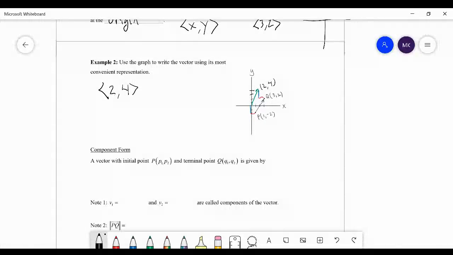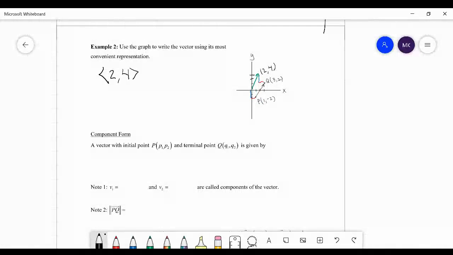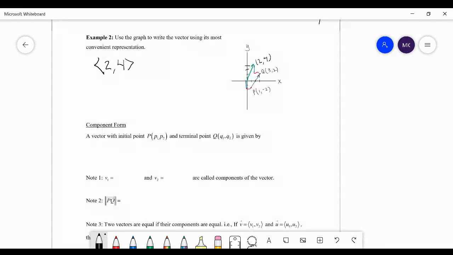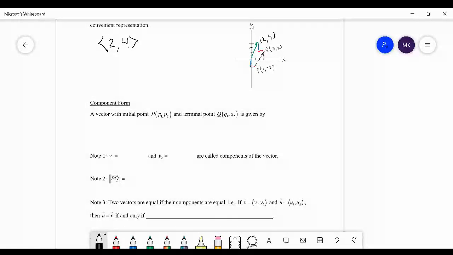All right. So this kind of format that we've been writing in, this arrow ⟨2, 4⟩ kind of thing, is considered the component form of the vector. And so if we have a vector, let's see here. So we have initial point P, which is the point (P1, P2). Right? That's kind of our x, y.